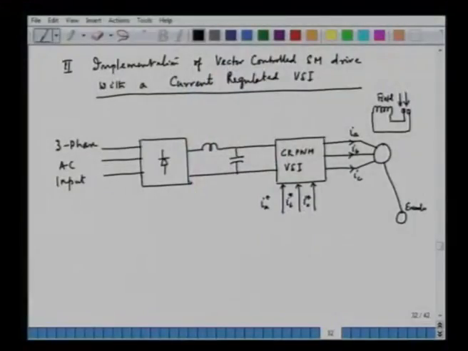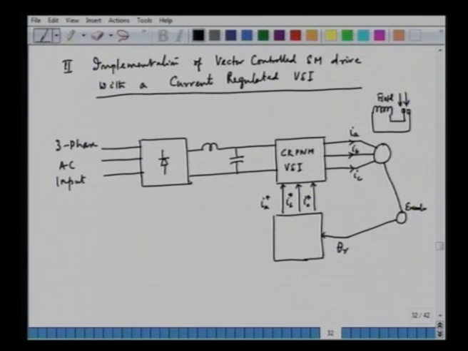So, this IA star, IB star and IC star are obtained by means of a transformation, and the transformation is basically by the rotor angle. So, what we have here is the rotor angle, which is obtained from the encoder. So, we can call that to be the theta, and this rotor angle transforms this IDS and IQS into IA, IB and IC.